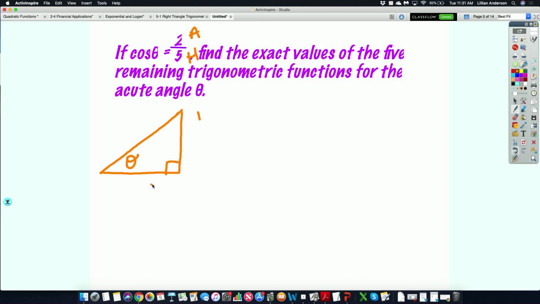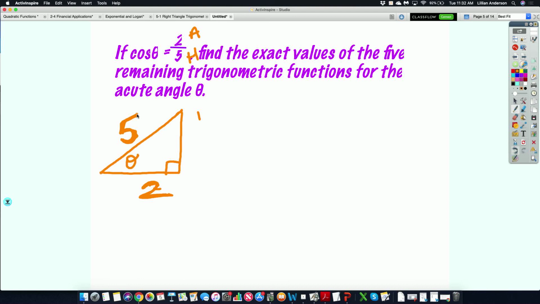I'm going to label the sides 1, 2, and 3. Where should the 2 go? On side 2, that adjacent side. So I'm going to turn that into a real 2. And then the 5 should go where? Where the 3 is. Okay? So 2 is on my adjacent side. 5 is on my hypotenuse. The only information I don't know is my opposite.